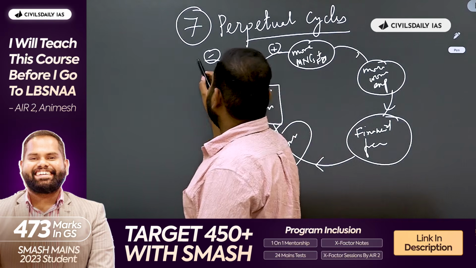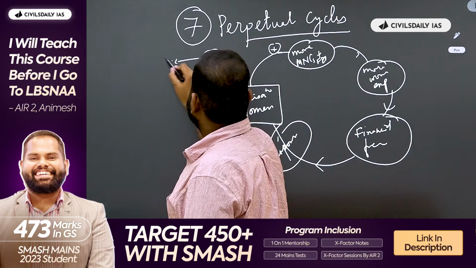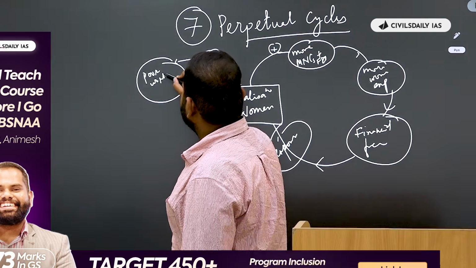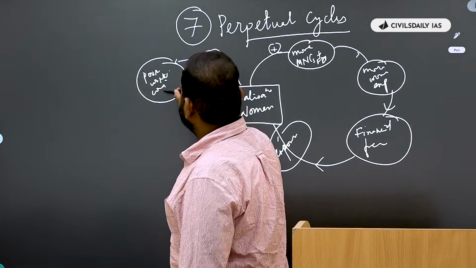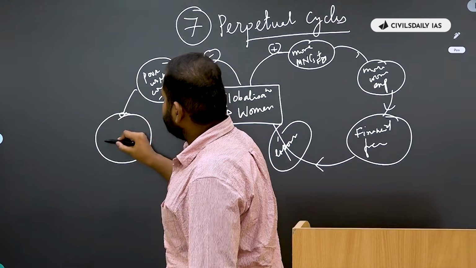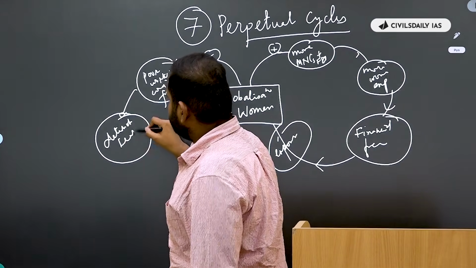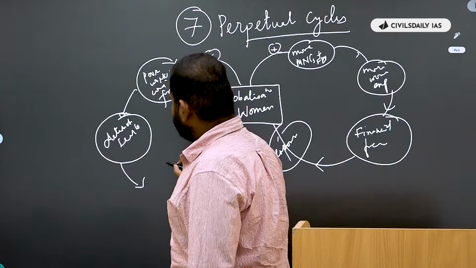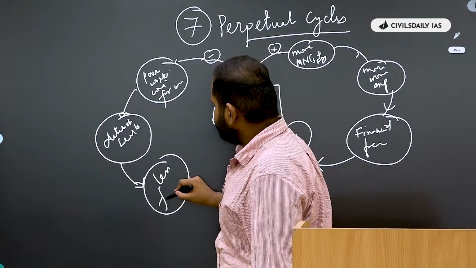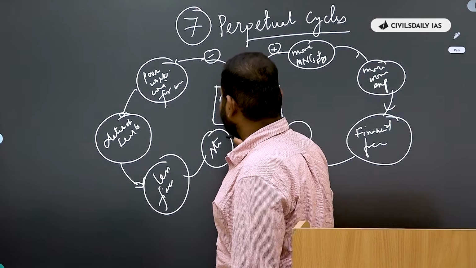And then in the negative part, if we have to show, poor working condition for women, deteriorating health, less financial freedom, and then we show that struggle or something on those lines.